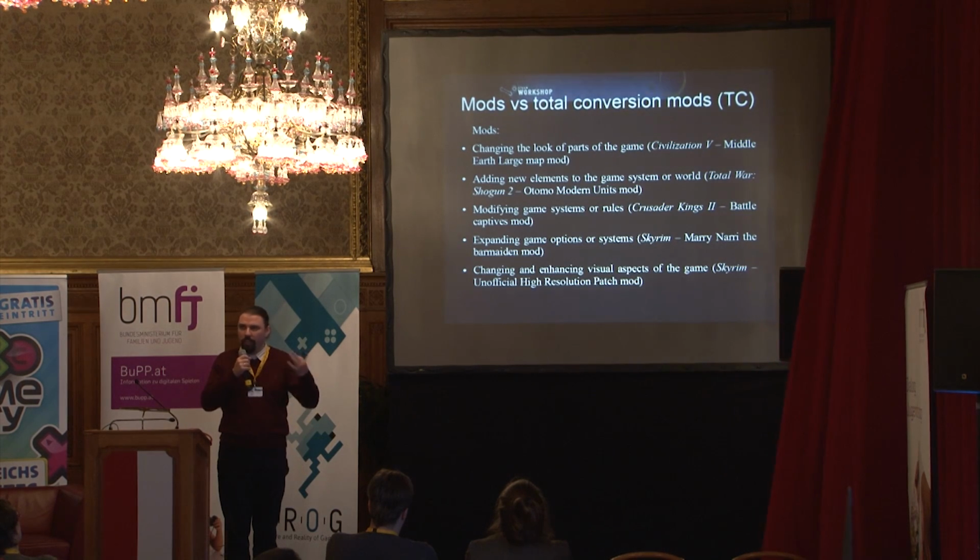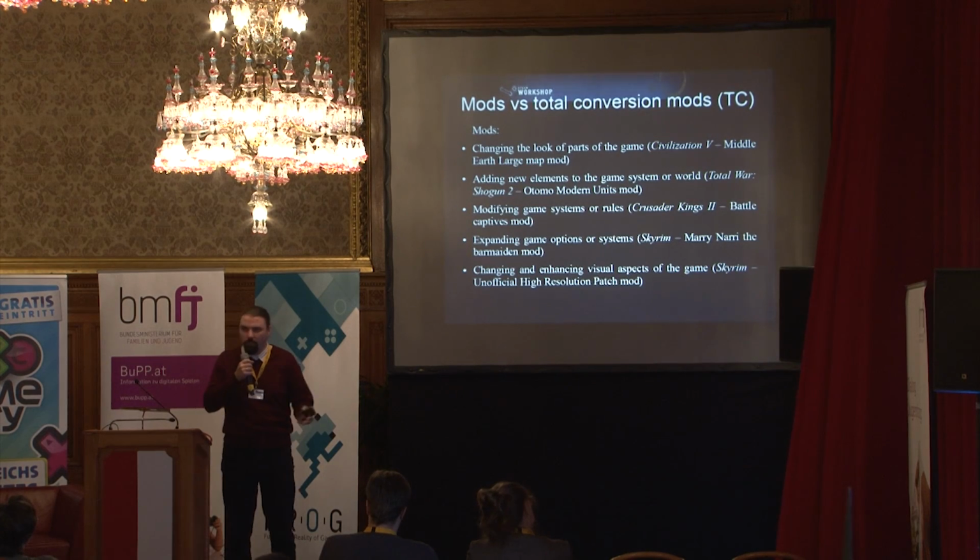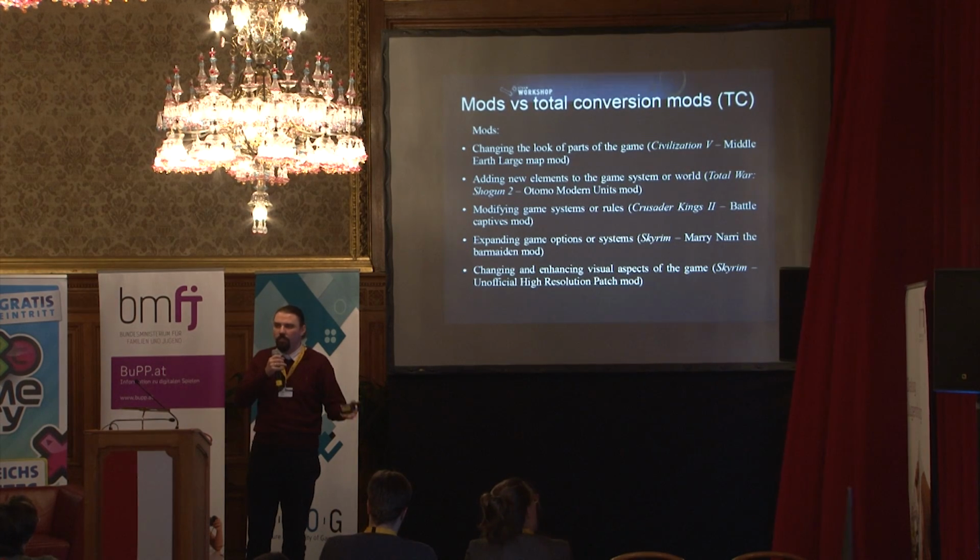For example, a modification where the size of the world map stays the same, but it is changed to depict only the ancient world that the Romans knew in, let's say, circa 0 AD or something like that.